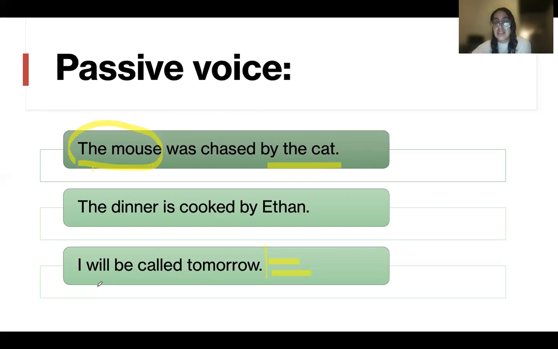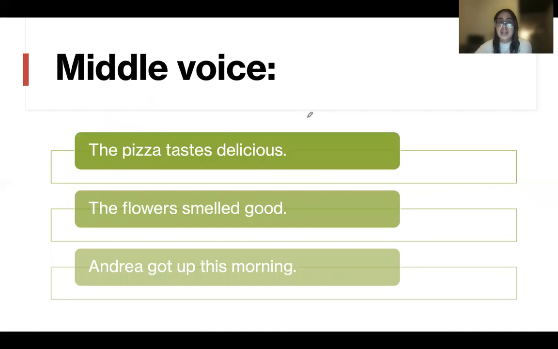And of course, we can also mention the doer, for example, the dinner is cooked by someone, but in this case, it is important to remember that the receiver is more important than the doer of the action.